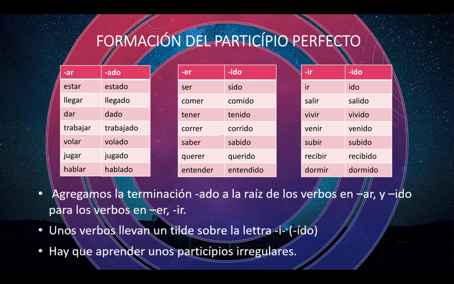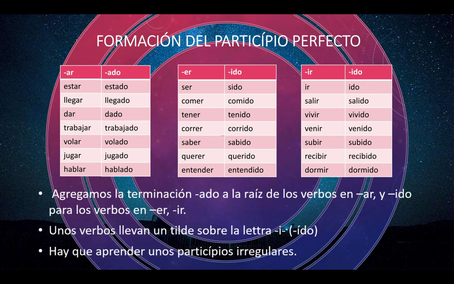It just becomes ido: salir, salido; vivir, vivido; venir, venido; subir, subido. Okay, what do these things mean? To go, gone; to leave, left; to live, lived; to come, has come. Yeah, these are the meanings of this.